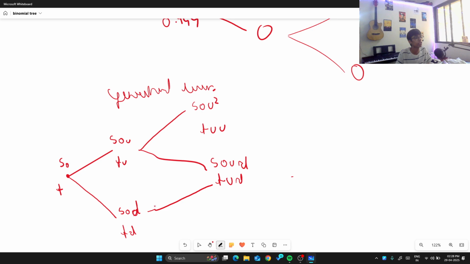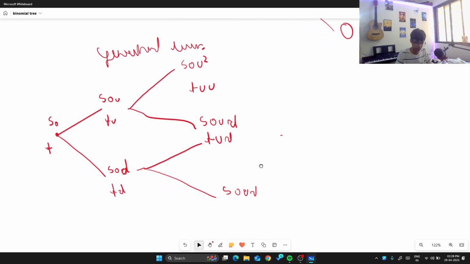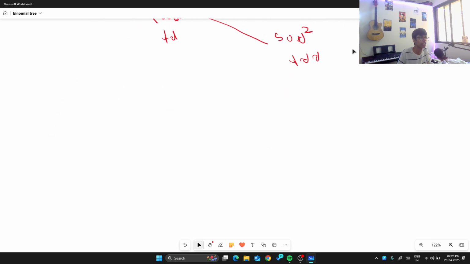So fud, and S0d squared, and its value is fdd. So this is the general notation. Yeah, so let's say we have a delta t.